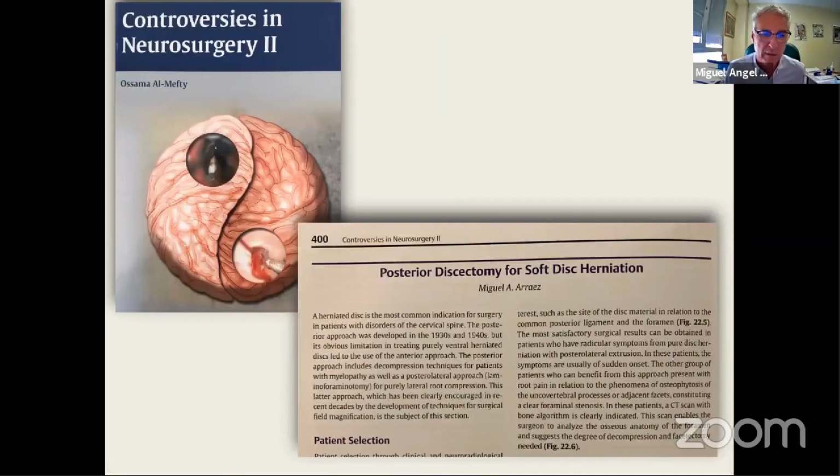And I think that posterior discectomy for soft disc has to be taken into account. I had the honor to write this chapter in this book of controversies in neurosurgery, just fighting, if I may say that, against some other possibilities like anterior fusion or anterior artificial disc.